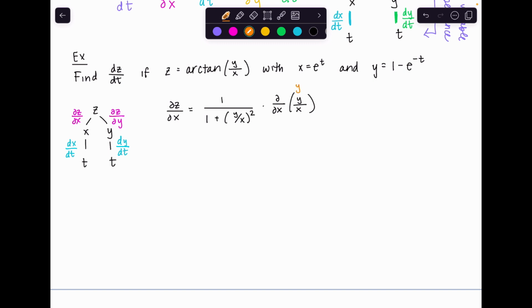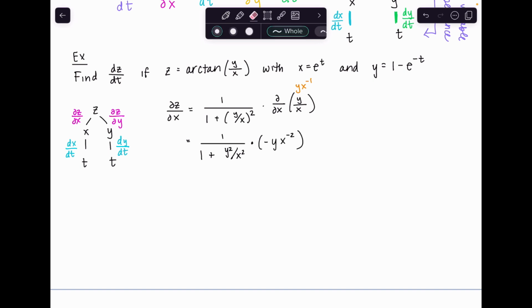So just to rewrite this, this is y x to the negative 1. So if I go through, this is 1 over 1 plus y squared over x squared. Derivative of this with respect to x, we bring that power down, decrease it by 1. So that's negative y x to the negative 2.